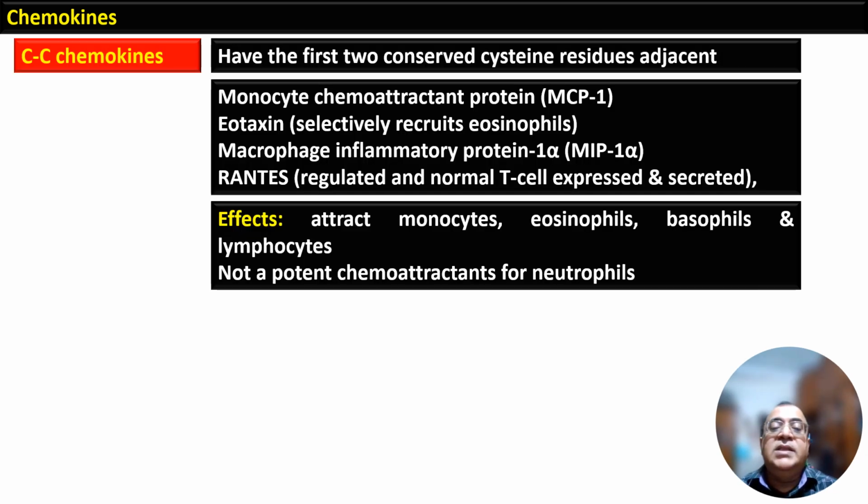The CC chemokines have the first two conserved cysteine residues lying adjacent. They are chemoattractant monocytic protein MCP1, eotaxin that selectively recruits eosinophils, macrophage inflammatory protein alpha 1, and RANTES, the regulated and normal T cell expressed and secreted, are important members of these CC chemokines.